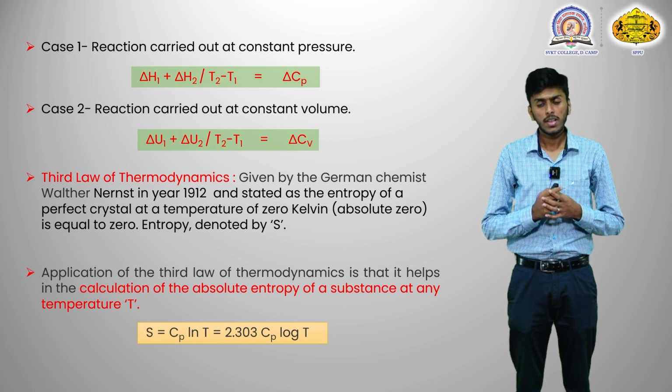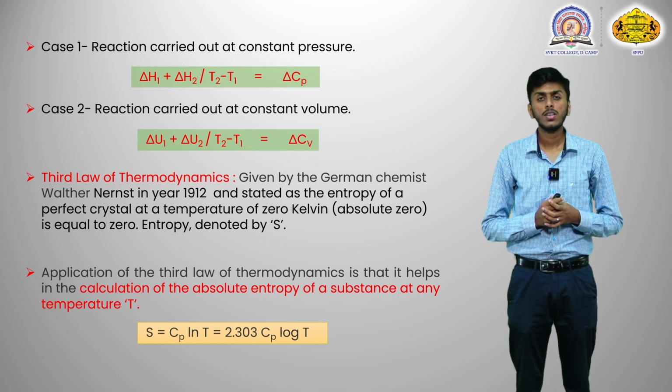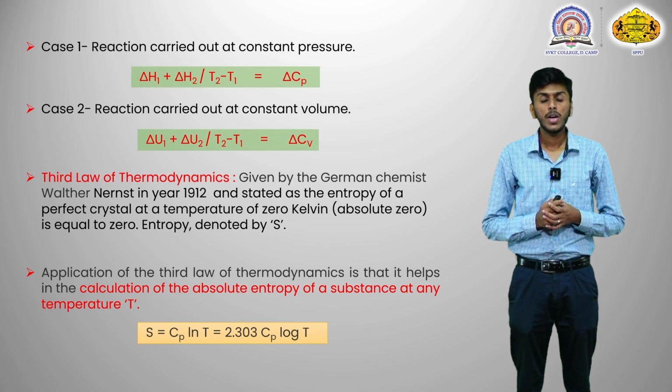Entropy is the randomness of a system and it is usually represented by capital S. We also studied the application of the third law of thermodynamics: it helps in the calculation of the absolute entropy of a substance at any temperature T. The final equation for this application is S equals Cp ln T, or S equals 2.303 Cp log T. Thank you.